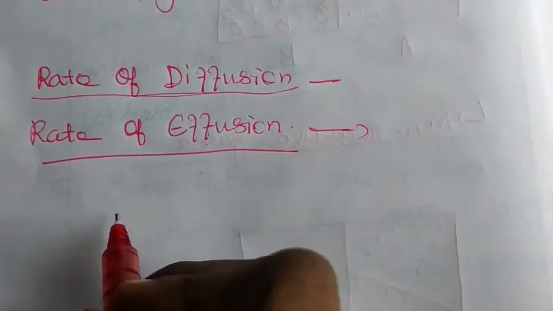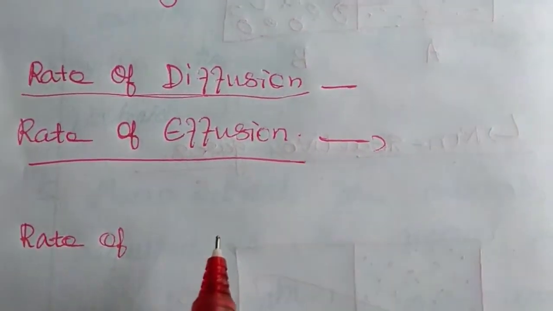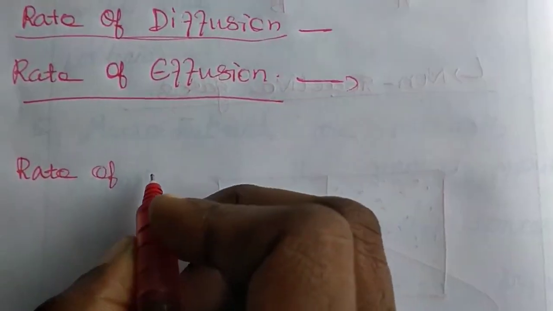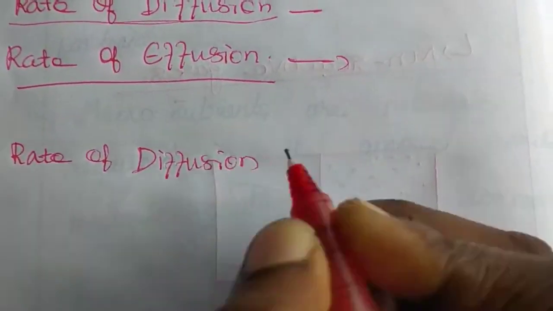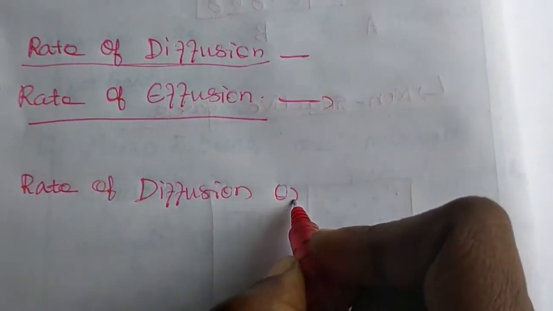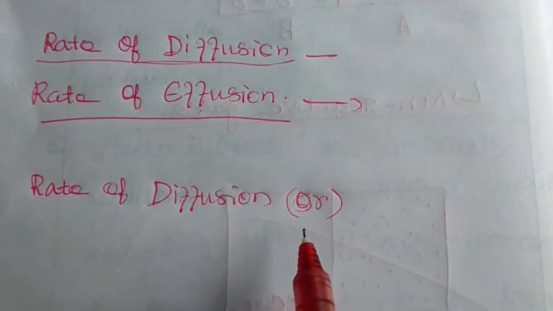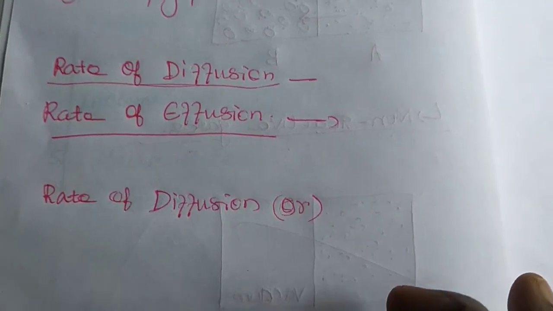So this is Graham's law of diffusion. You have to write like this: rate of diffusion or rate of effusion. You do not have both processes taking place in one reaction.